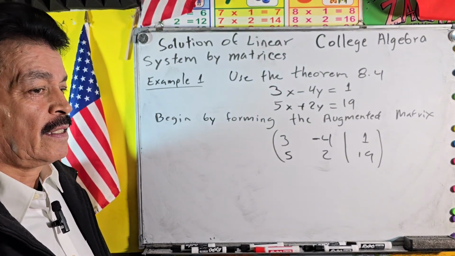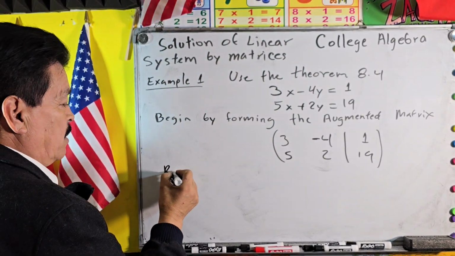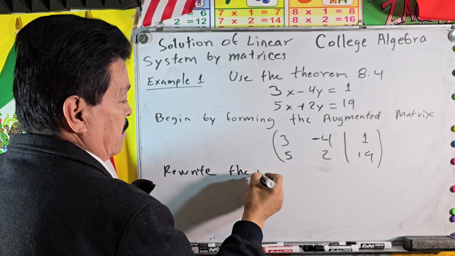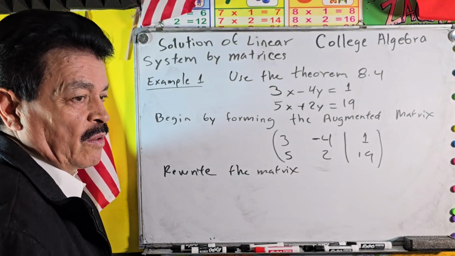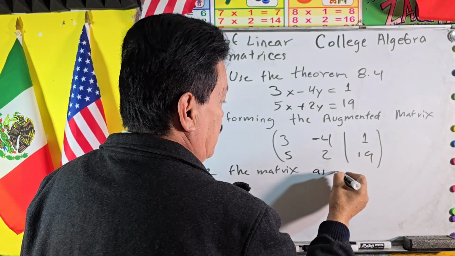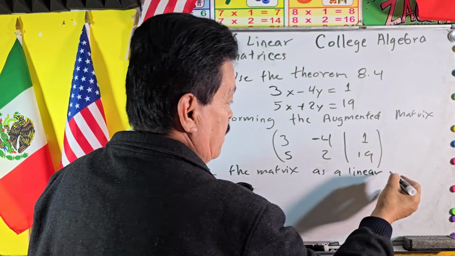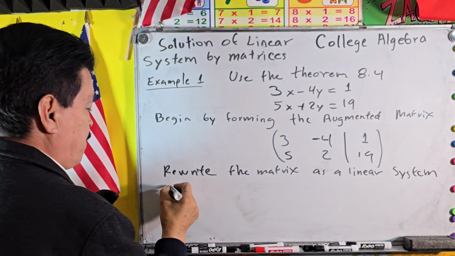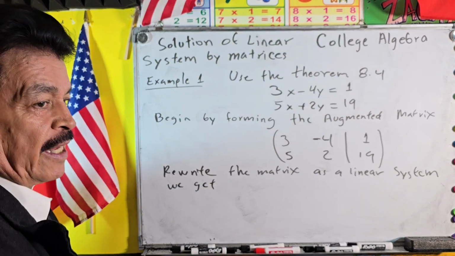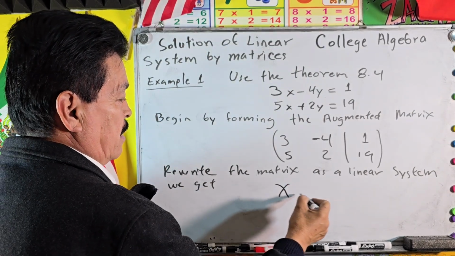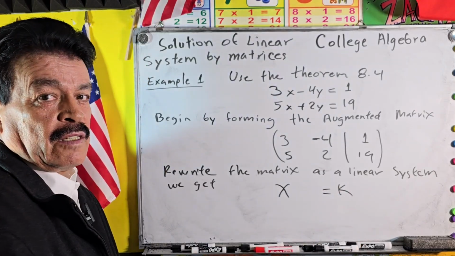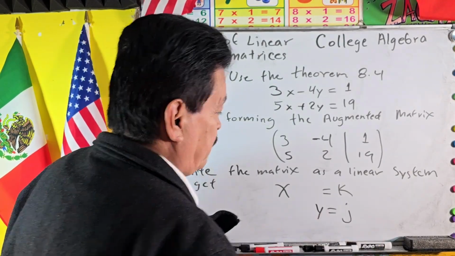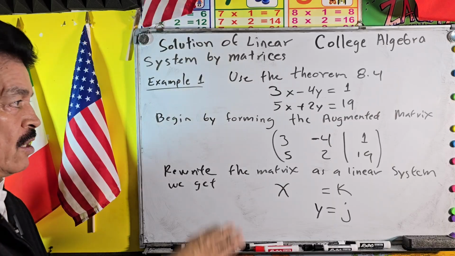This is the step. So now rewrite the matrix as a linear system. We get x equals k, and y equals j.